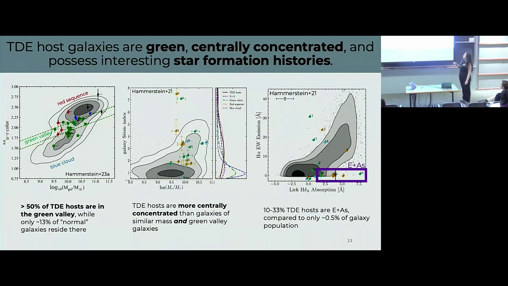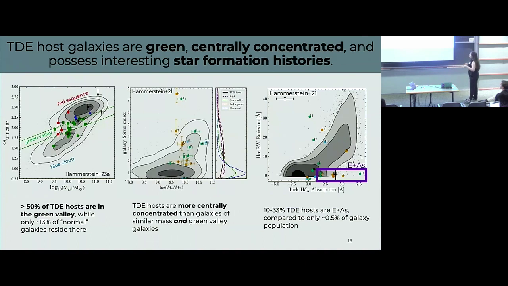When we compare the number of TDE hosts to the general galaxy population in the green valley, we find that usually 50% of TDE hosts live within these 2 dashed green lines, compared to about 13% of normal galaxies. So this is not insignificant, and it is pretty interesting.